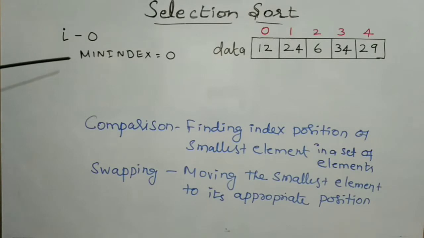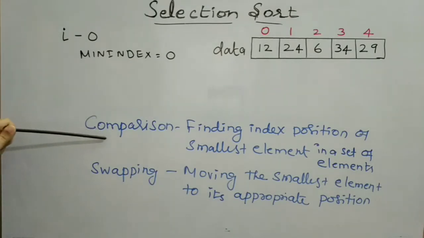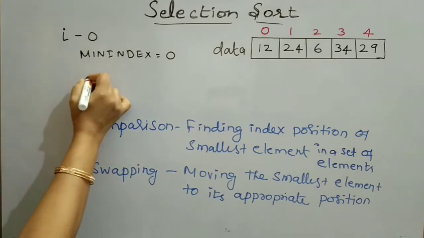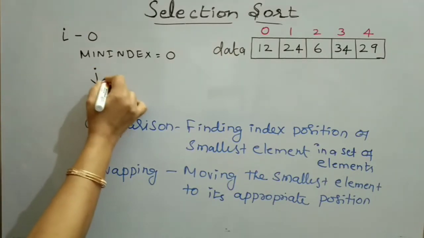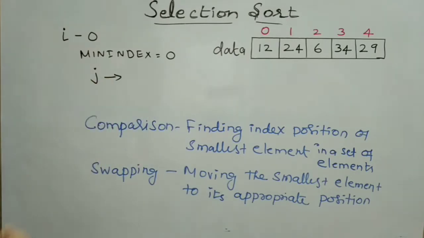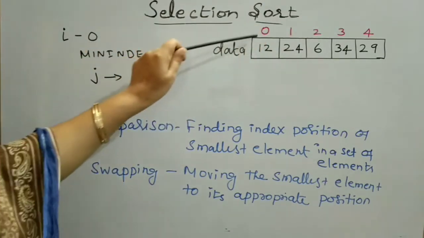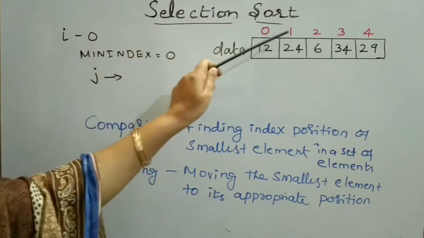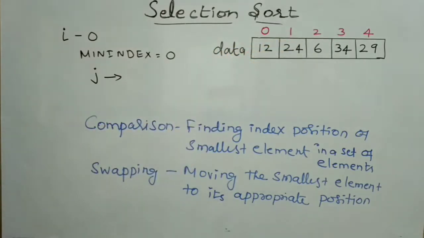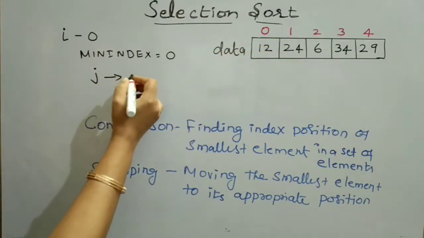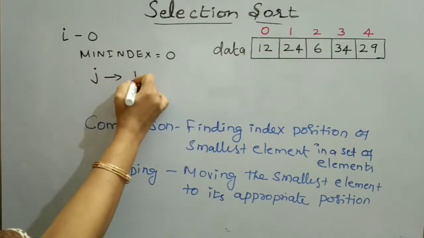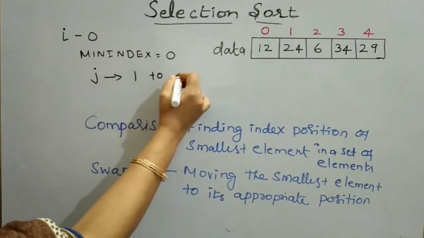The minimum element which is in the minimum index position is compared. We are implementing this comparison procedure. It is compared with all the subsequent elements. If we take the element in index position 0, the subsequent elements are in index positions 1 to 4.